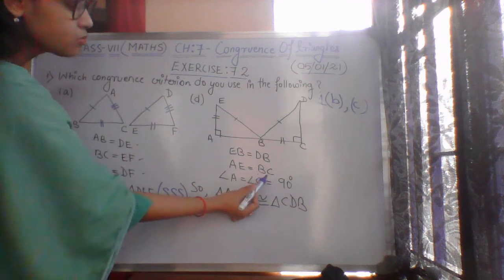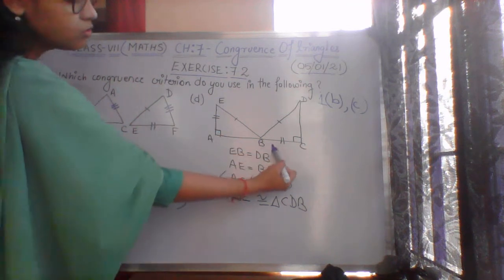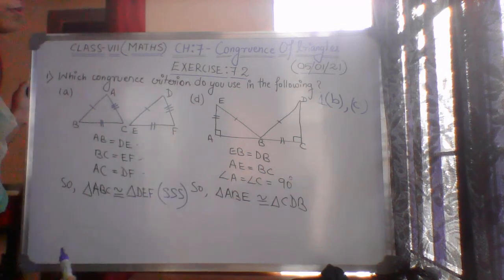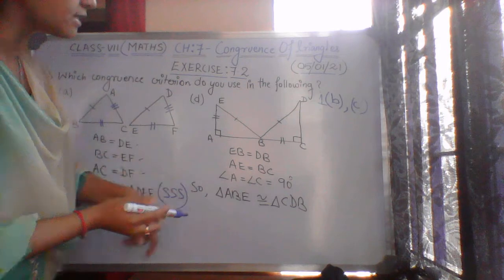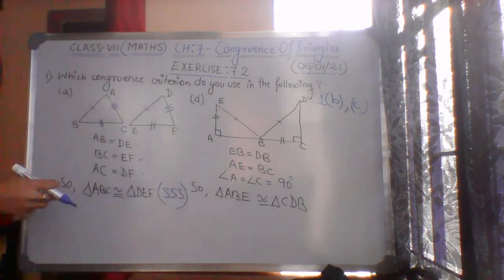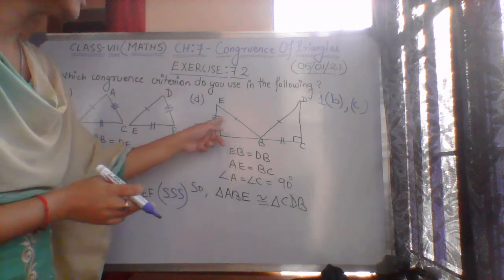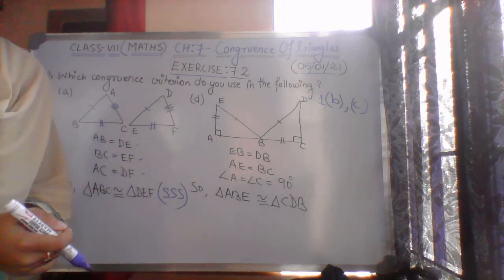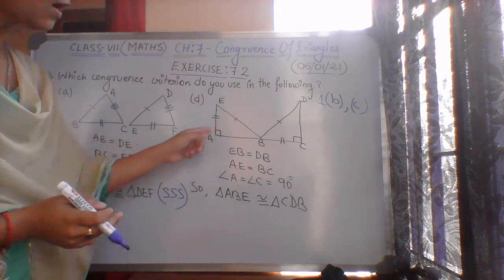AE equals BC. And the last one, angle A equals angle C, 90 degrees. So which criteria will we apply? Here we can see two sides, one angle.